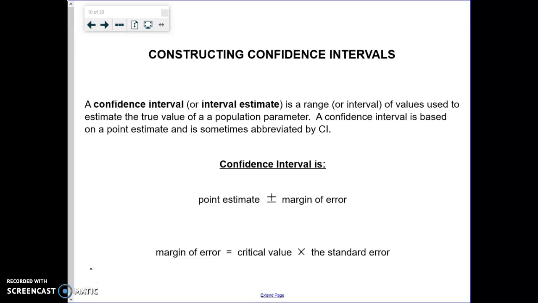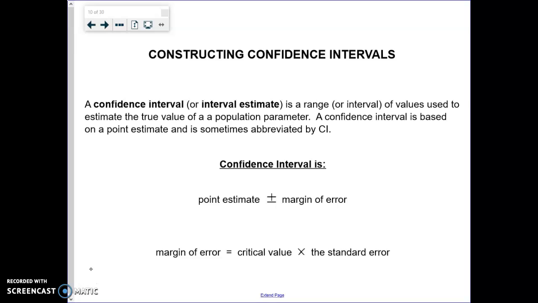So again, it's a range of values that's used to estimate some population parameter, like a population proportion. All right? It is based on your point estimate, in this case your sample proportion, just like it was last part for your sample mean, and then you add or subtract a margin of error.